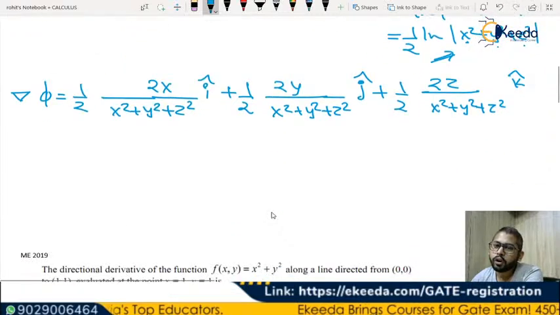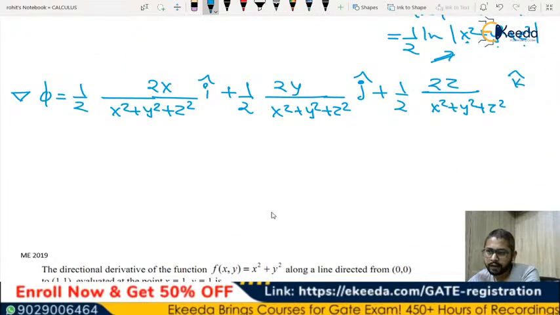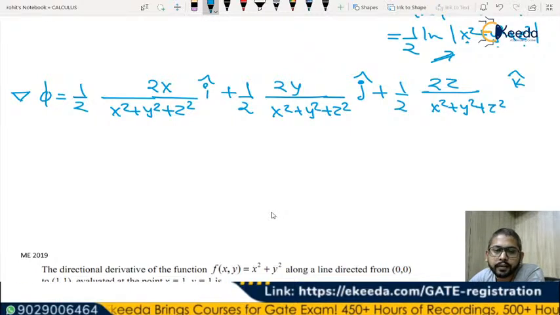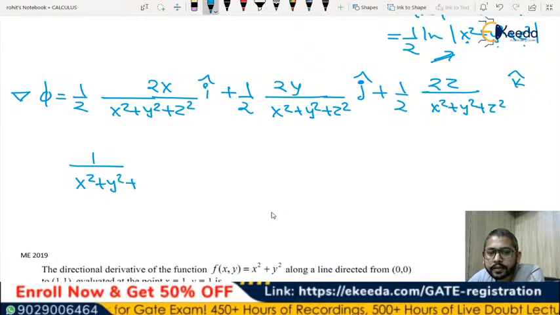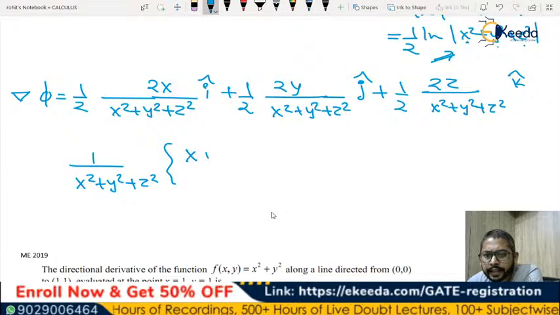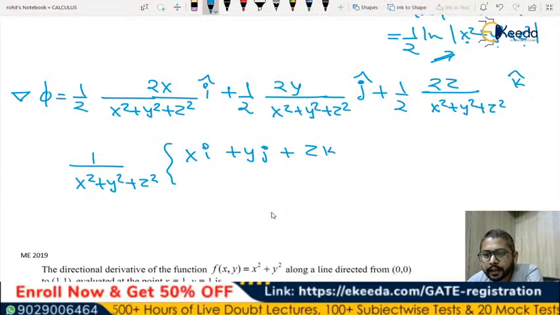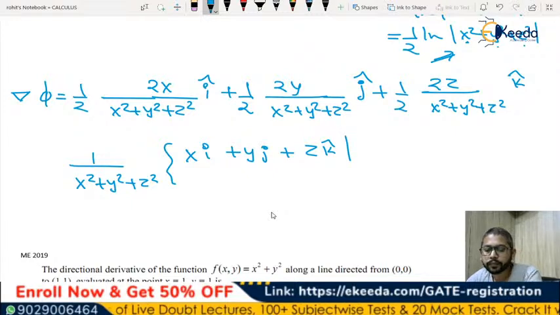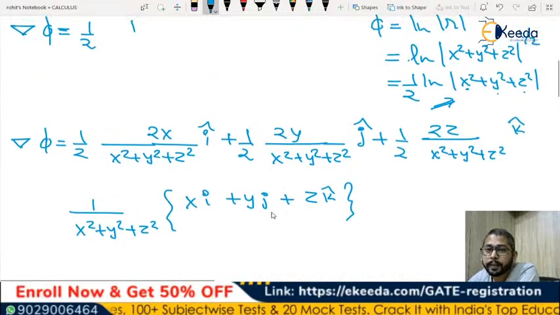Also you can remove all these 2 and 1 by 2. You have a common denominator, so I am taking 1 by x square plus y square plus z square outside, and inside 2 and 2 get cancelled, and it will be xi plus yj and zk. Now if you remember correctly, I am writing it here.